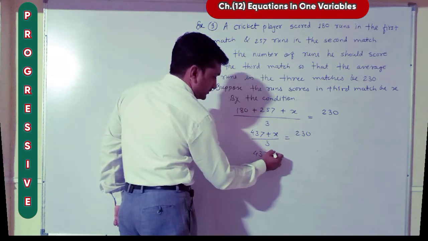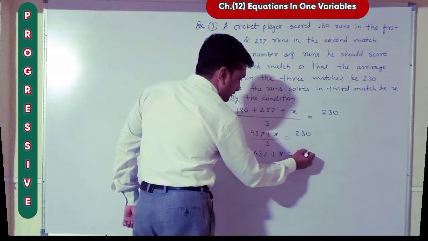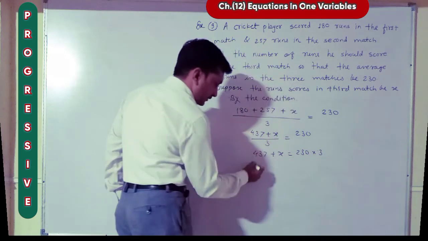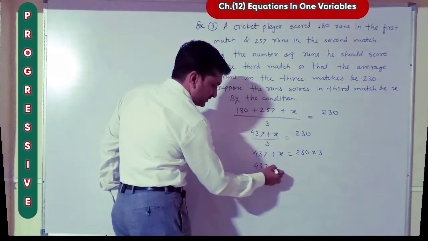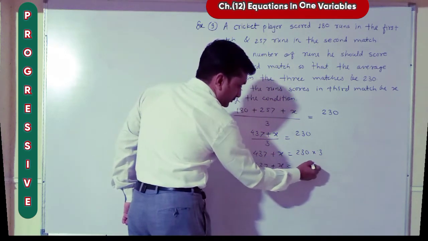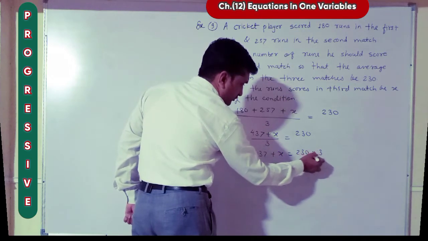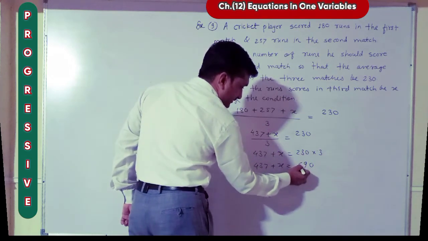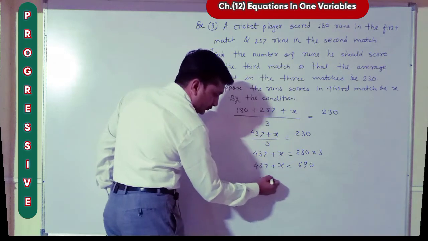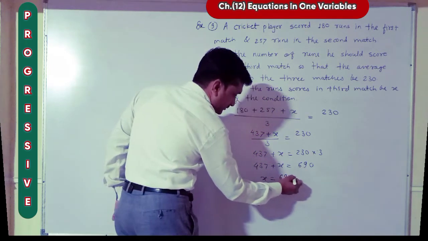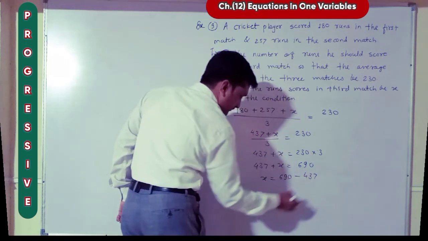437 plus x is equal to 230 multiplied by 3. 437 plus x is equal to, now here product 300, 3 3s are 9, 3 2s are 6. X is equal to 690 minus 437.